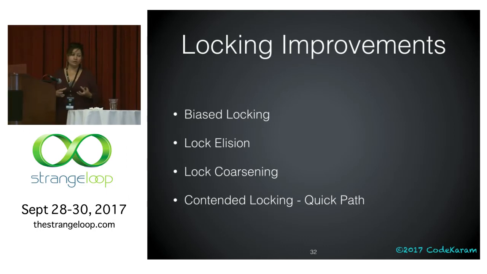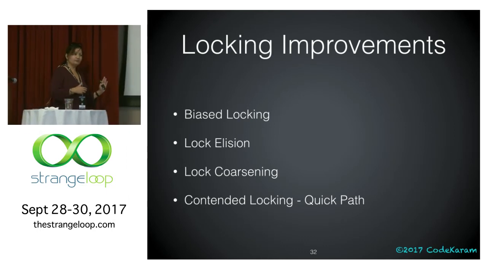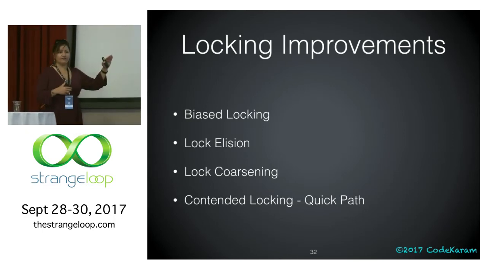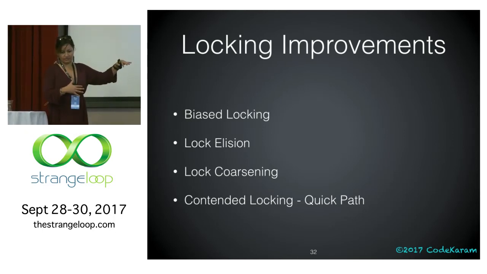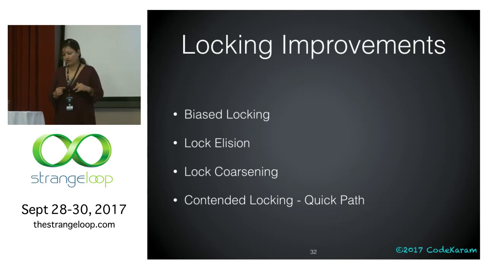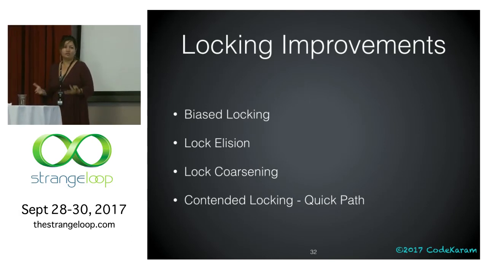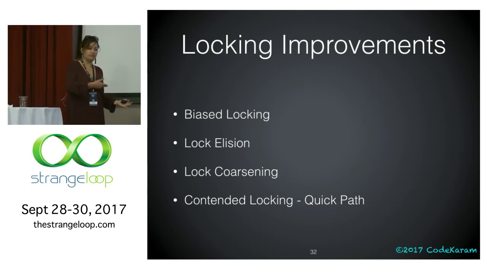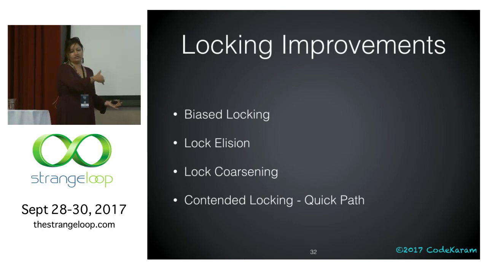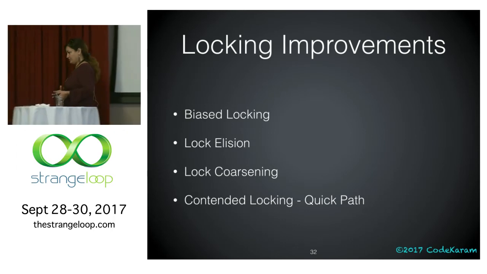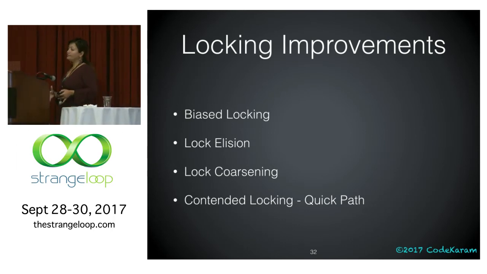For example, remember I mentioned the wait queue? When the notify is sent, these threads can go and sit in the entry queue. What if we could just do that as soon as we know it's an inflated lock? We know somebody else is going to get to it, so why not just transfer them as soon as we know it's an inflated lock? Those kinds of optimizations have made it into Java 9.